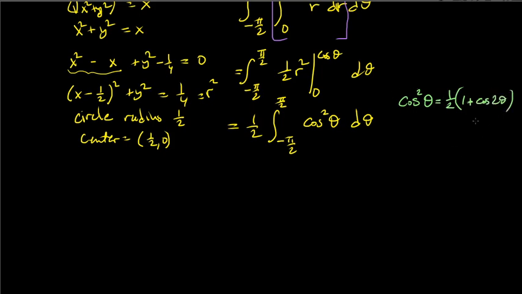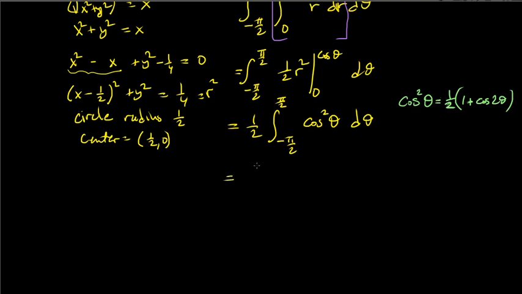This is an identity you should remember from your trigonometry days, or you can look it up. It comes from the half angle formulas, or double angle formulas. I forgot what they're called, but I do remember the formula.